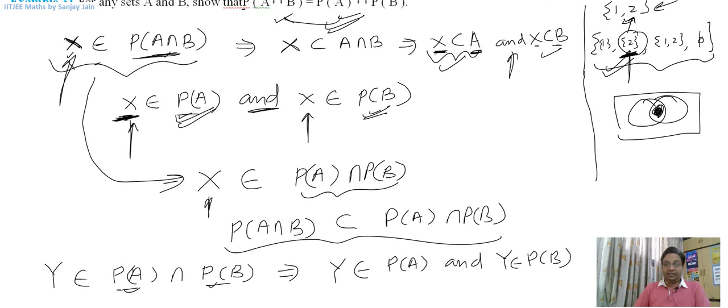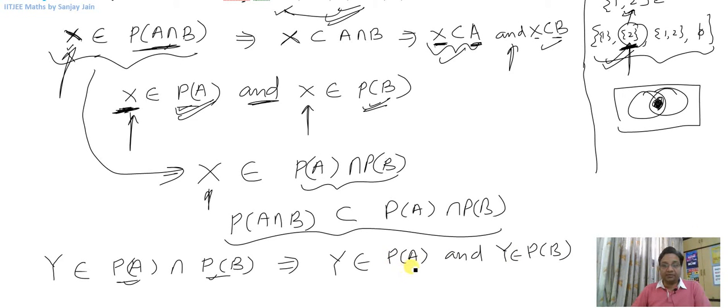And see, if it belongs to power set of A, then what does it mean? It means this is a subset of the set written inside it. And this is also a subset of this set that is written inside it.